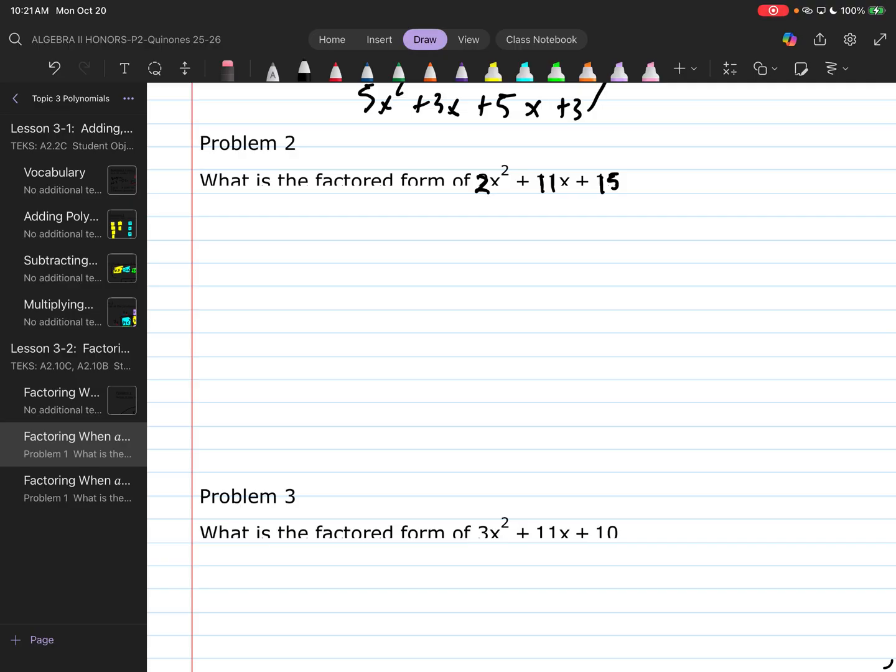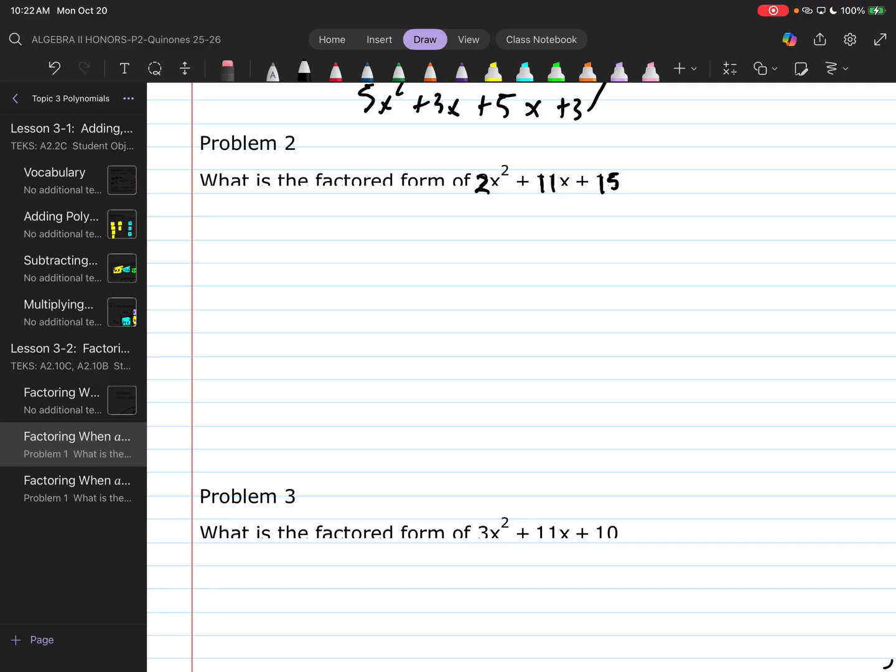Think about it. If I were to put 15 here and then 3 over here, I'd end up with way more than 11x. Right, so it's thinking about that, guessing and checking.